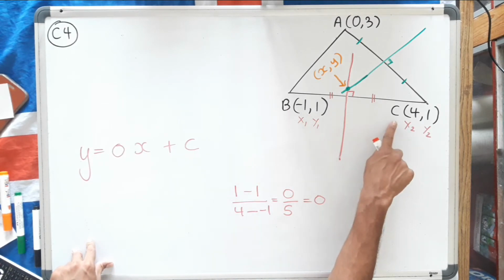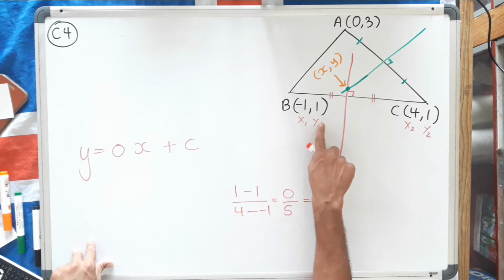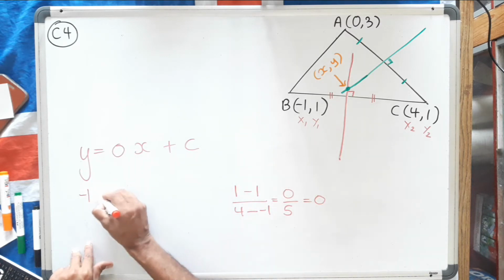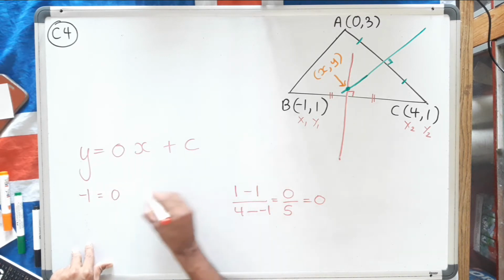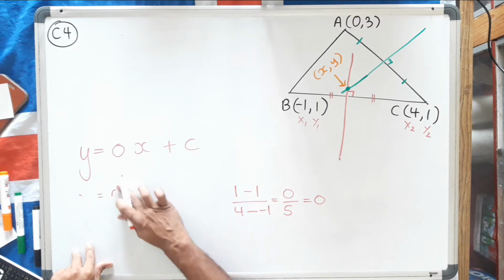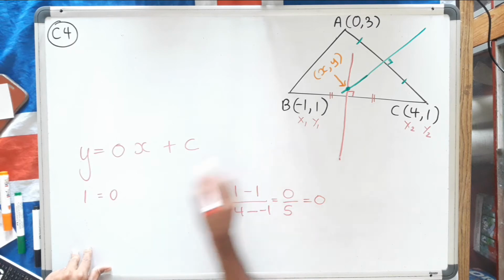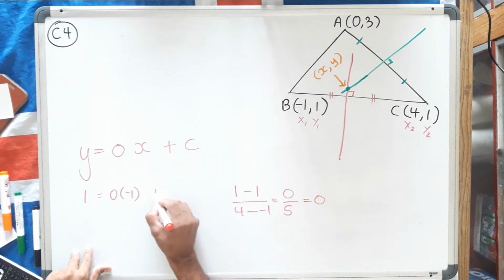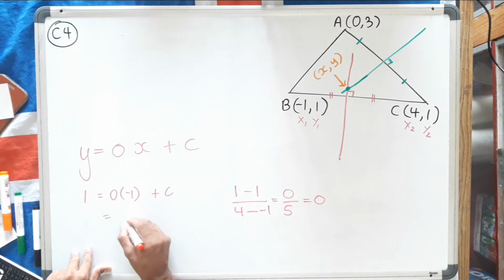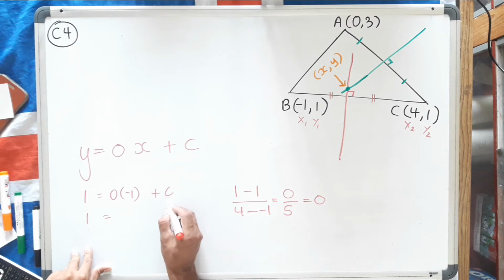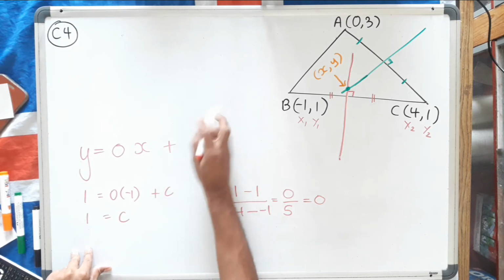Let's choose point B. Y is minus 1. Sorry, I made a mistake there, sorry. Y is 1. X is minus 1 plus c. 0 by anything is 0, so c is equal to 1.